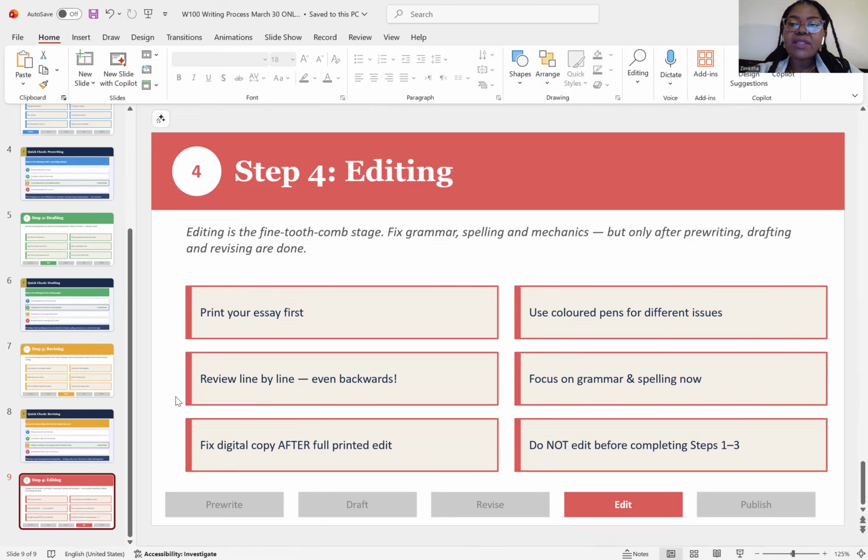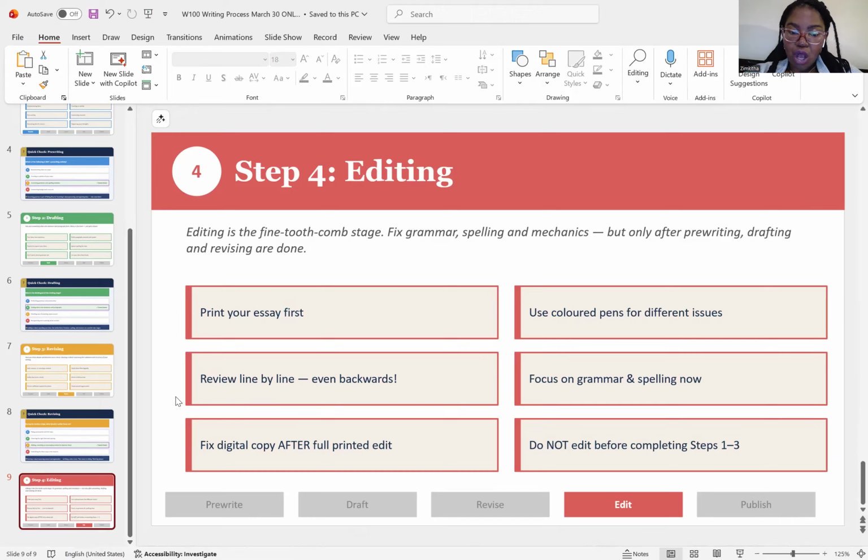Is it written in the present time correctly? Or are you shifting between tenses illogically? Sometimes it's good to shift in the past when you have a narrative to talk about, all right? But is it correct? Are you using your adverbial, your noun clauses, your adjective clauses correctly? So that is what you're doing in editing, all right?